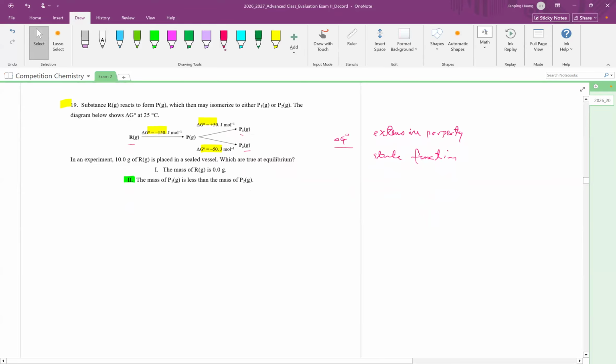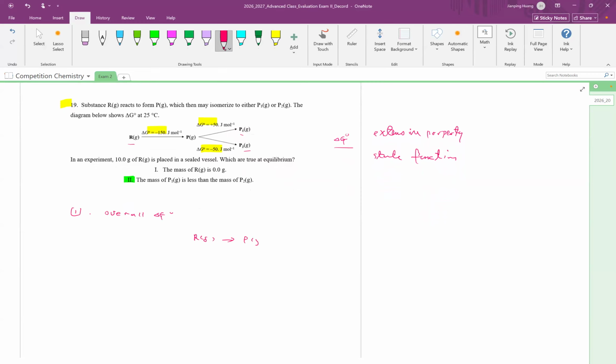So the first one, I wanted to determine the overall delta G standard. We know Rg to Pg, so delta G standard is minus 150 joule per mole.